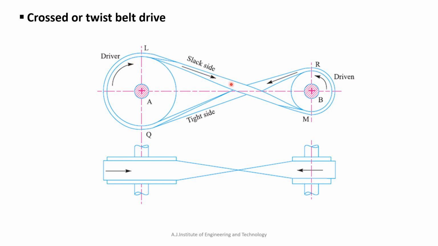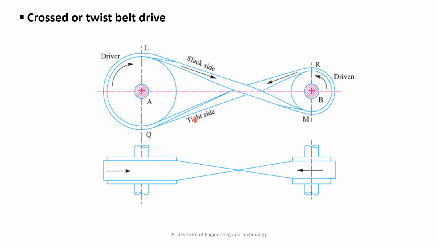Then the belt transfers the power to the driven pulley, which is the B pulley, and then from this pulley to the shaft. Because of the cross connection, this wheel rotates anti-clockwise, this wheel rotates clockwise, and the driven wheel rotates anti-clockwise. So both wheels rotate in opposite directions in a cross or twist belt drive.